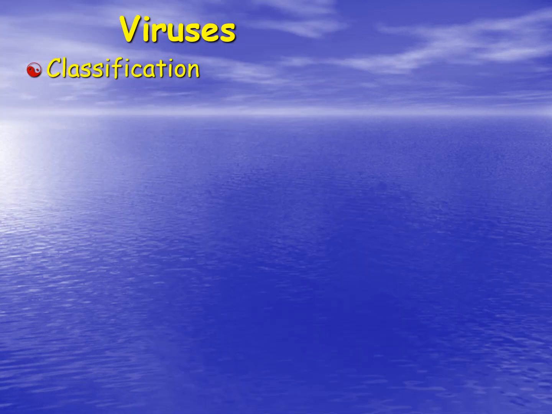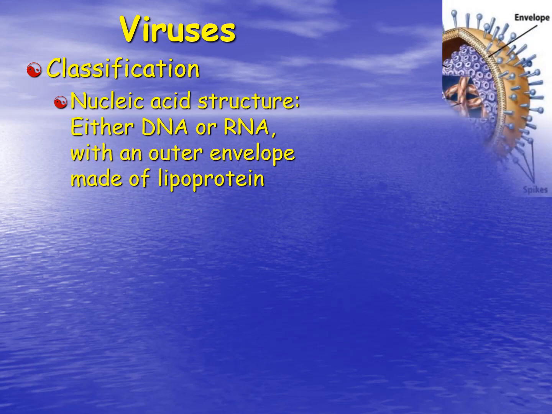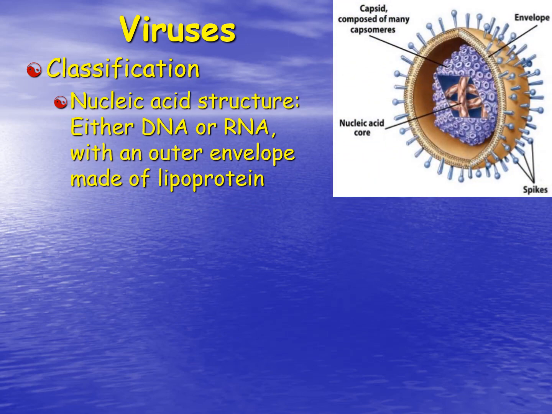Now, viruses. How do we classify viruses? We can classify them by whether they're carrying either DNA or RNA. This is just the generalized structure of a virus. We have a nucleic acid core, either DNA or RNA, surrounded by a protein coat known as the capsid.